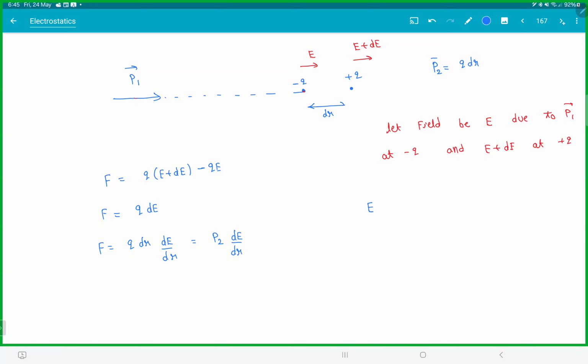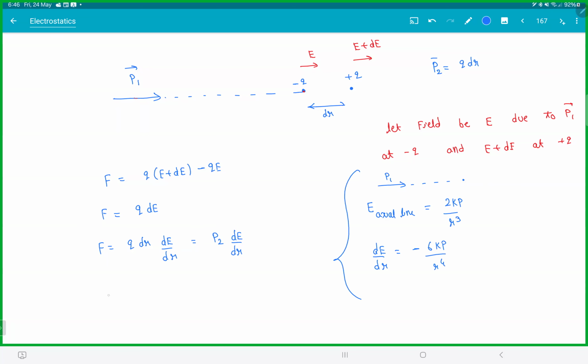But we know the field due to a dipole on the axial line, because it's on the axial line, is 2kP by r cube. So if you differentiate this, dE by dr, you end up with minus 6kP by r power 4.